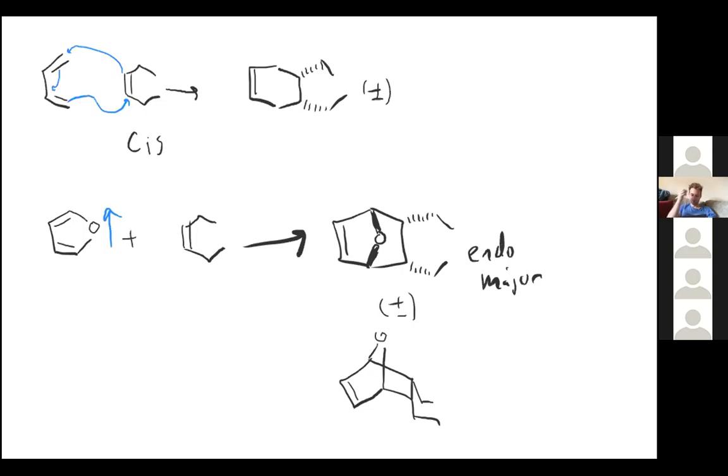If we wanted to draw a minor product, it's possible that our dienophile portion here could come in the other direction, to give us our exo product, which would look like this here.